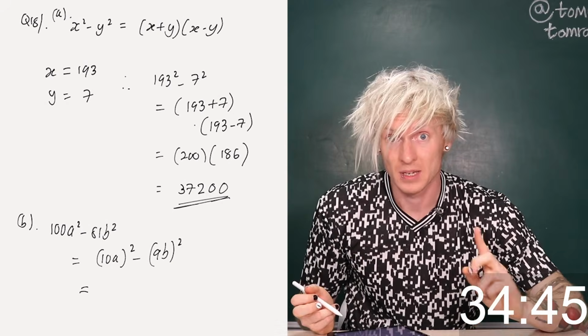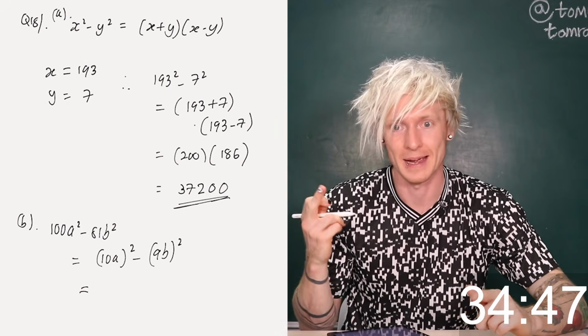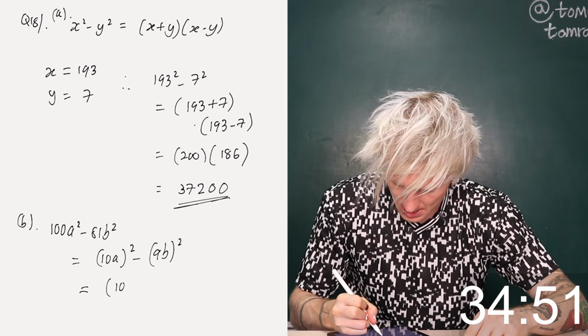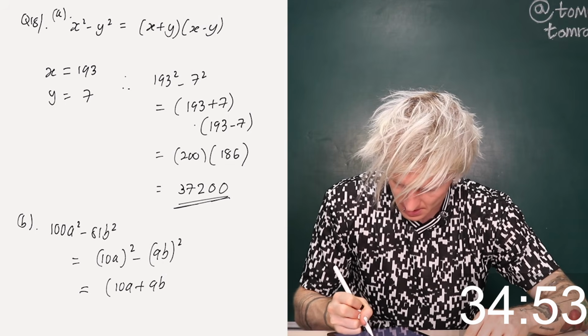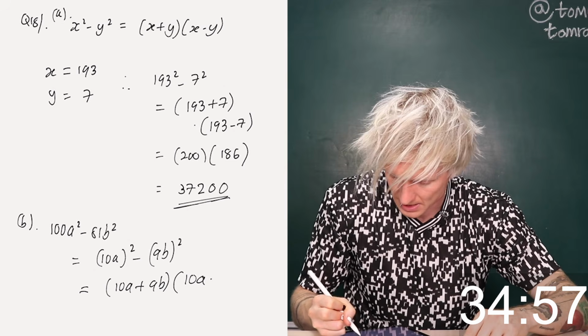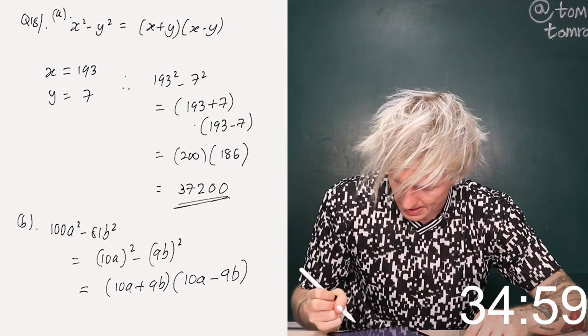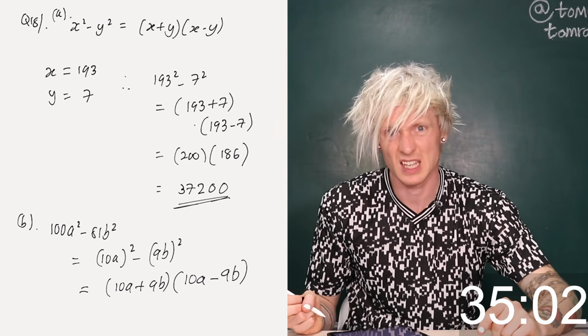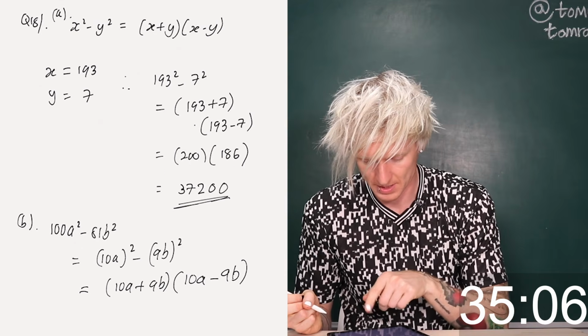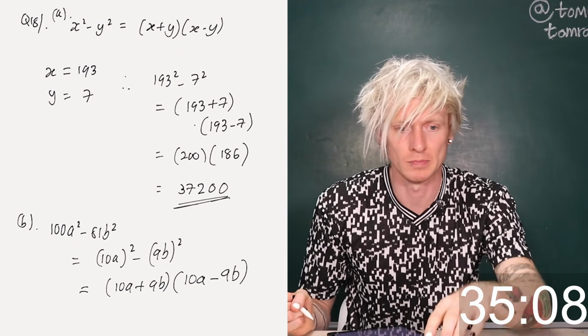So I'm guessing we can now use the result from above, because x is going to be 10a and y will be 9b. So I know this is equal to 10a plus 9b multiplied by 10a minus 9b. And I think that's it. Yeah, all right, cool, going with that.